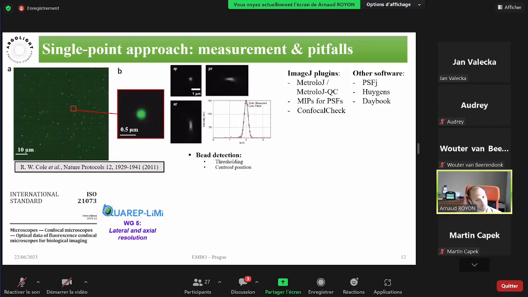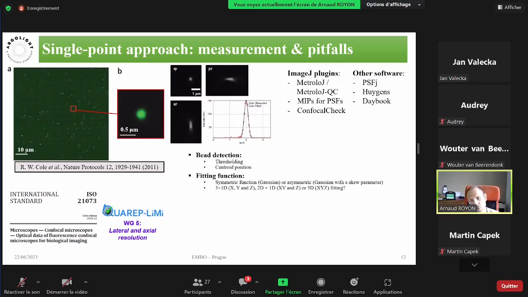So among these pitfalls, there is the detection of the beads. You need to define carefully the threshold, and you need to measure accurately the centroid position. Depending on the fitting function you use, you may get different results. There are simple functions like the symmetric Gaussian, but you can make it a little more complex using an asymmetric function.